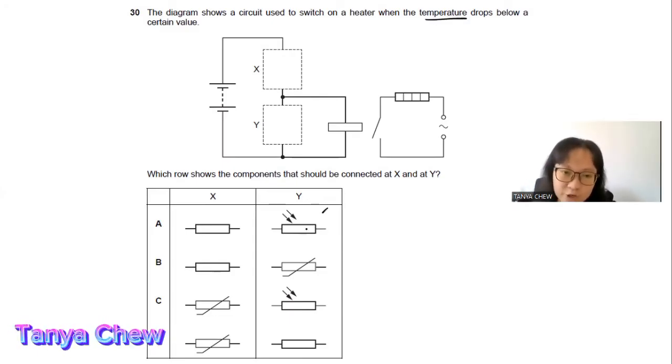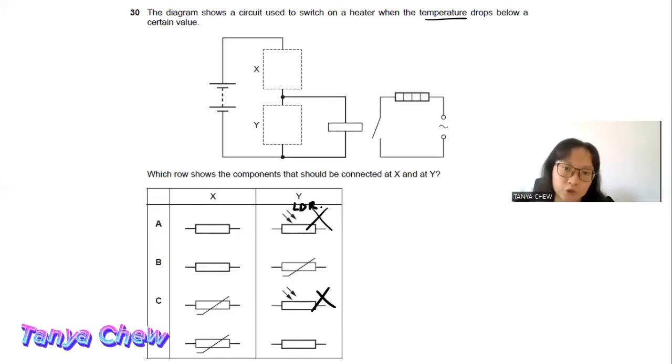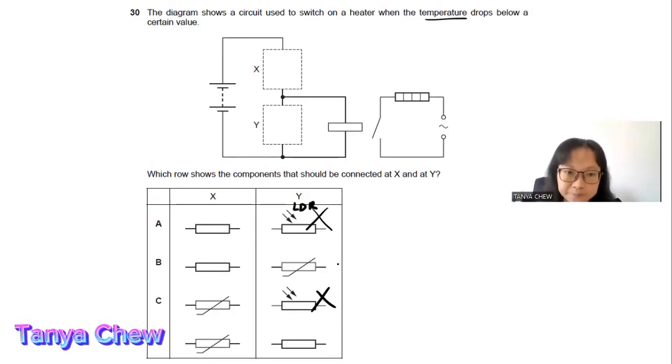So I would say no to A and C because Y here is an LDR, light dependent resistor. It has nothing to do with light. It has something to do with a thermistor, because a thermistor is related to temperature change. So I would connect the thermistor to Y and the fixed resistor to X. B is the answer.